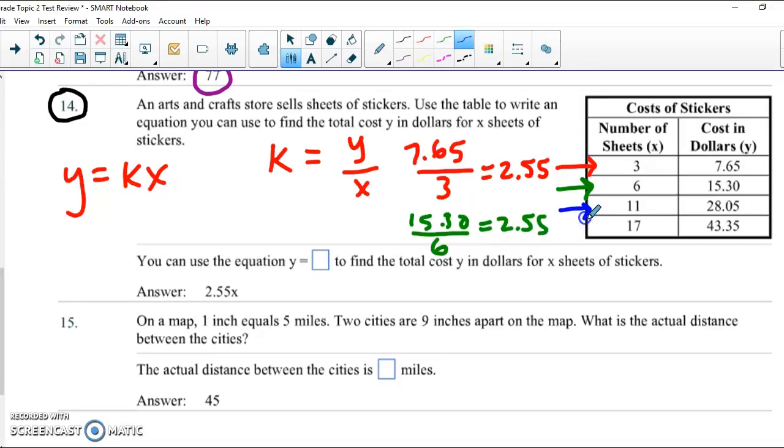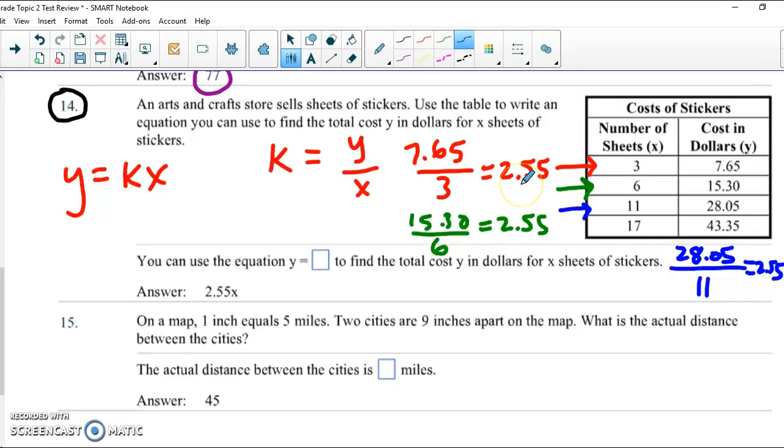As I look at the third row in my table, I have $28.05 as my y to x, which is 11. As I divide that out, I also get $2.55. So I am finding a constant ratio here.